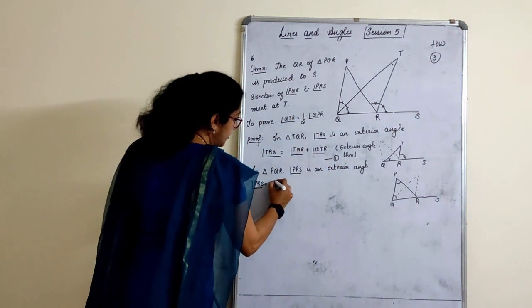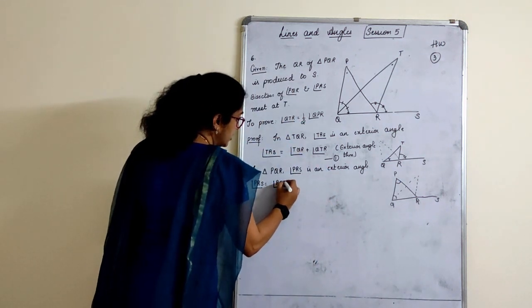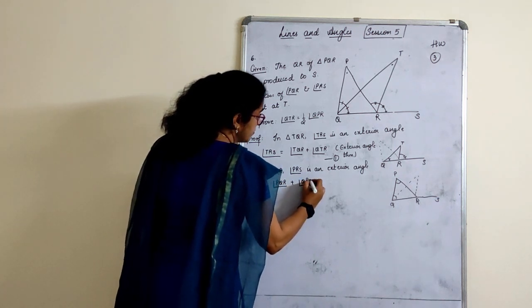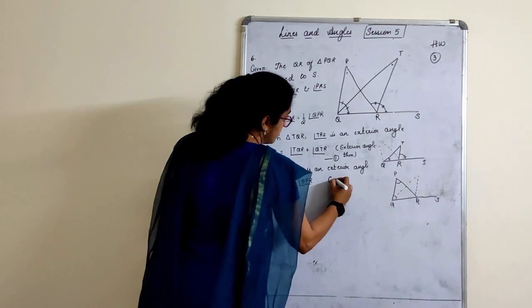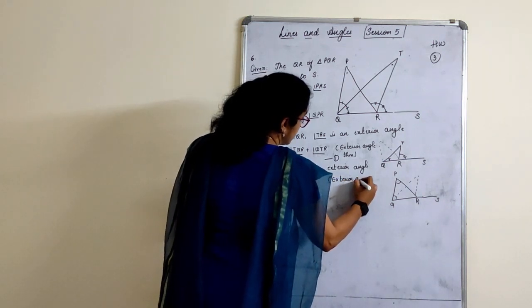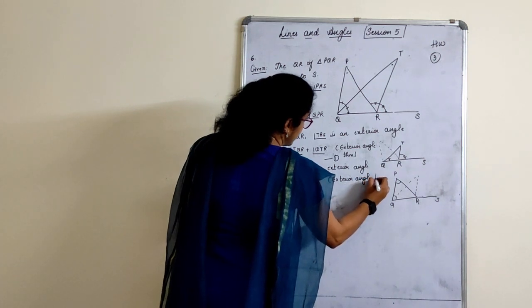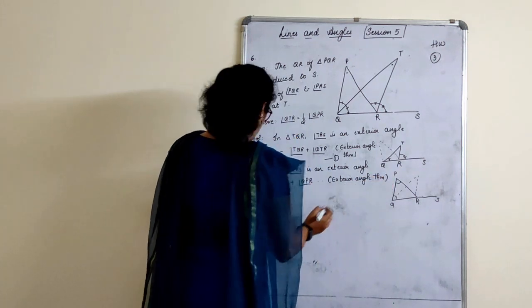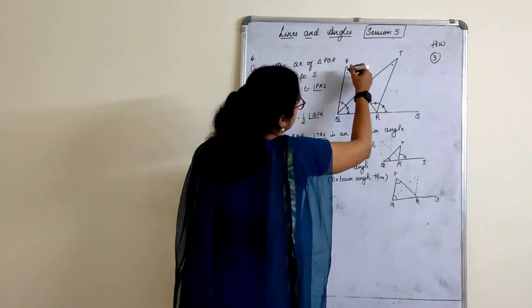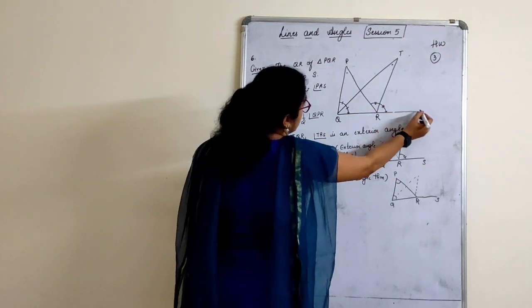So angle PQR plus angle QPR. Reason? Exterior angle theorem. Now, PRS is here. This is PRS.